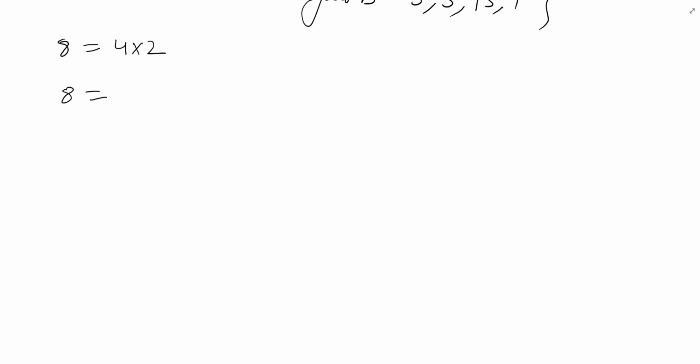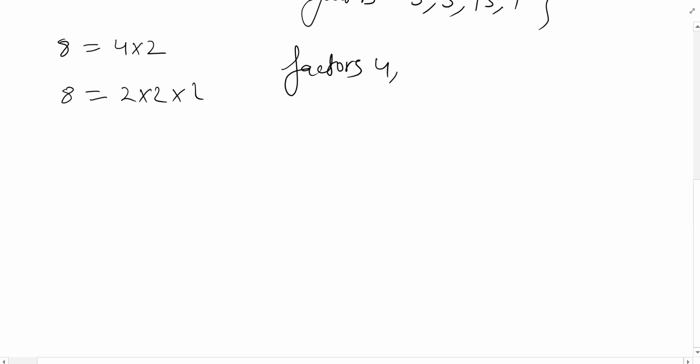Like now, if you keep repeating 2, 2, 2, that is 8. Because if you break down the 4, you will get 2 times 2 times 2. So basically, we have another factorization, which is 2 times 2 times 2. So the factors are not different.